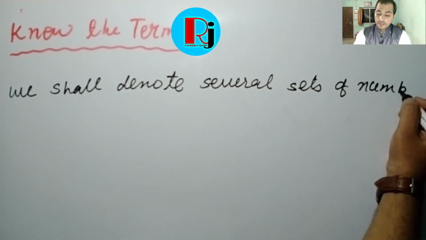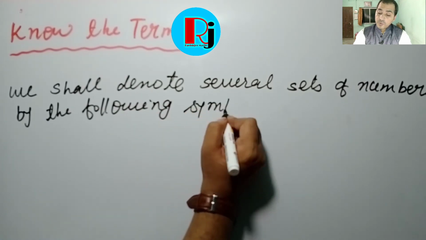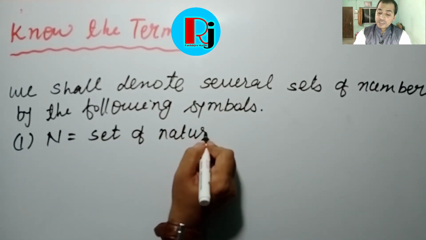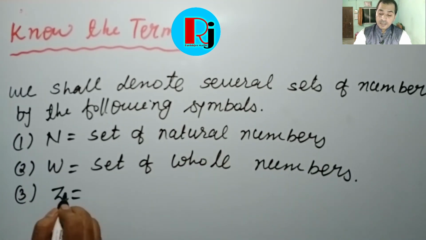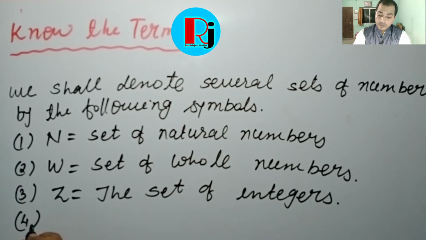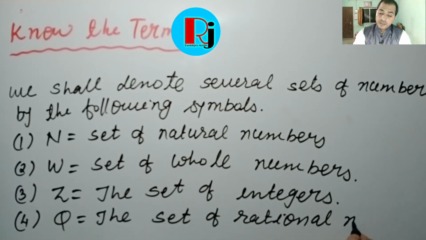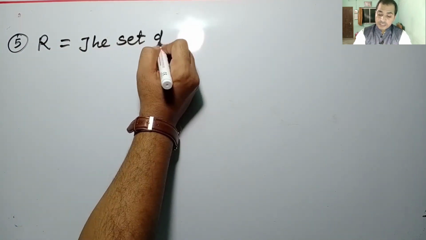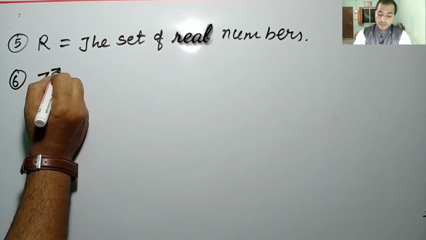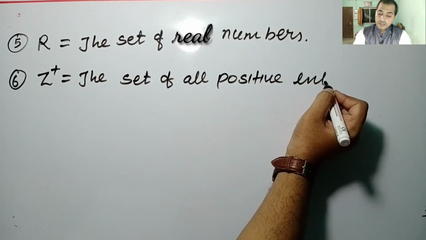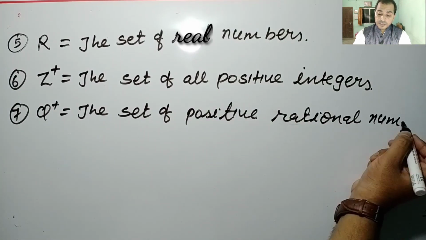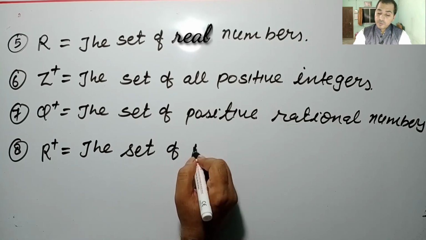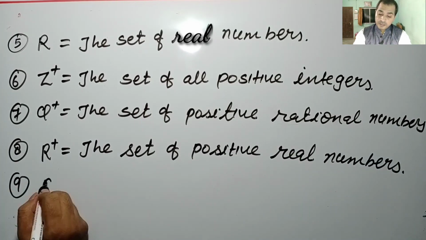We shall denote several sets of numbers by the following symbols: N, set of natural numbers; W, set of whole numbers; Z, set of integers; Q, set of rational numbers; fifth, R, set of real numbers; sixth, Z plus, set of all positive integers; seventh, Q plus, set of all positive rational numbers; eighth, R plus, set of all positive real numbers; C, set of all complex numbers.